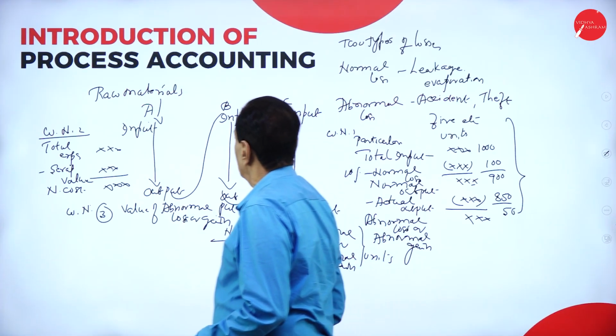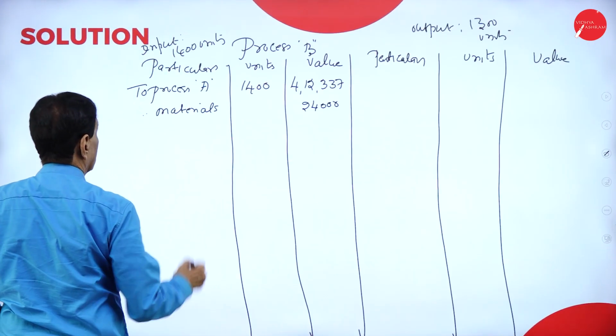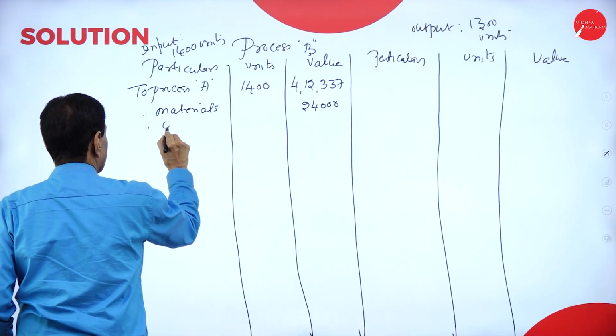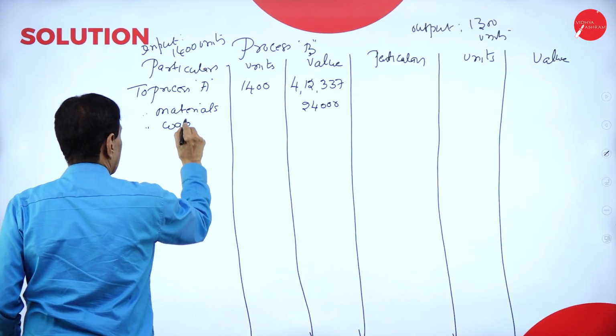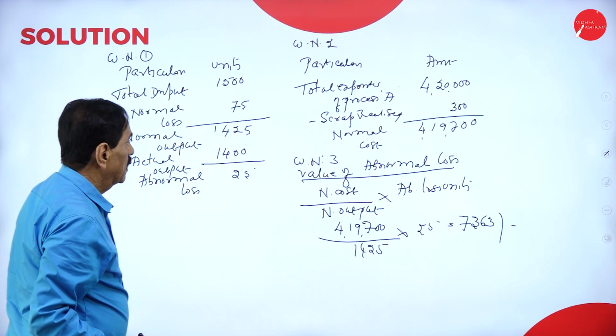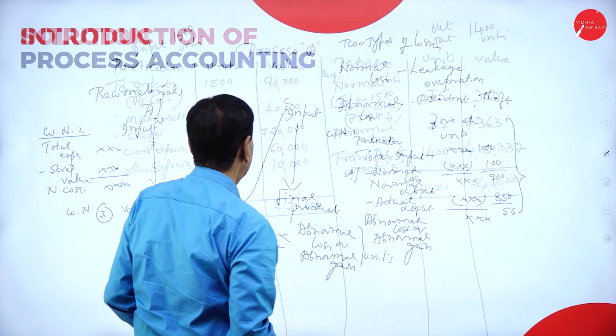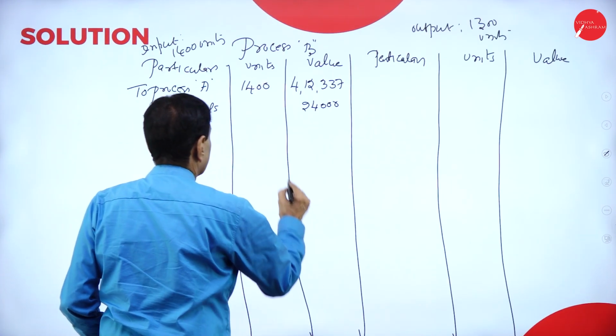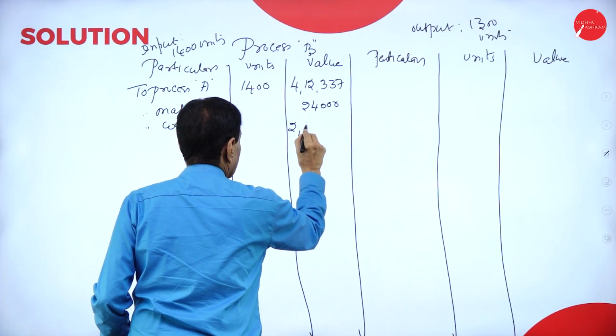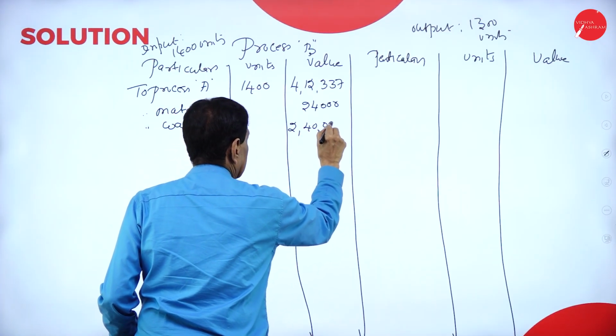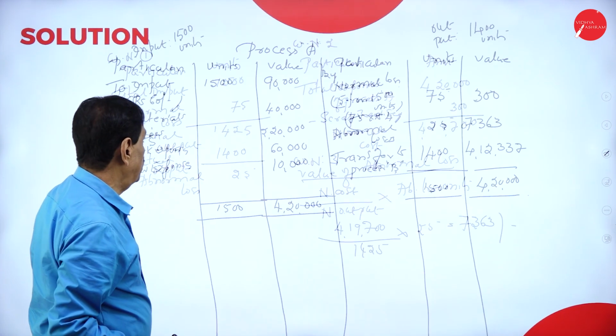Wages, 2,40,000. What is the next expenditure?